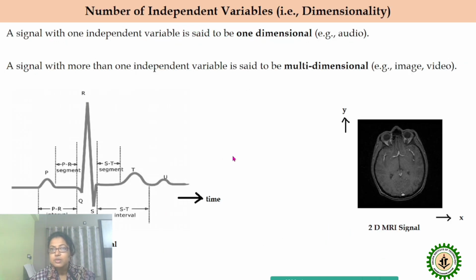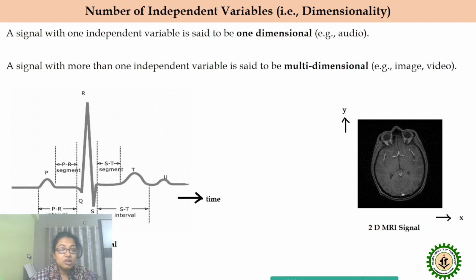Now let's discuss dimensionality. If the signal depends on only one independent variable, then it's called a one-dimensional signal, mainly speech or audio, or the temperature signal I gave as an example; all are one-dimensional signals.